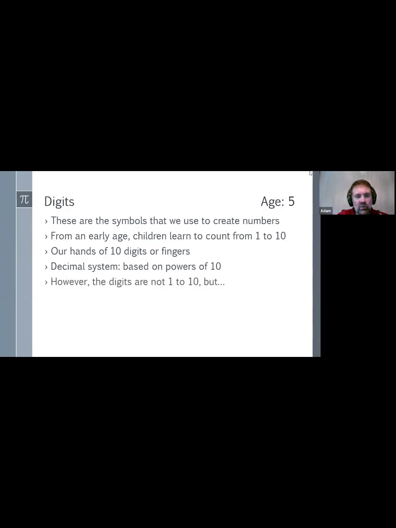But we have to understand that digits aren't really 1 to 10; the digits are 0 through 9, because the number 10 is simply a combination of two of the digits: a 1 and then a 0 to make the number 10.